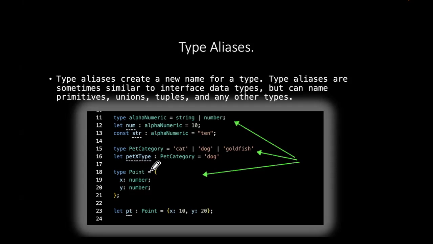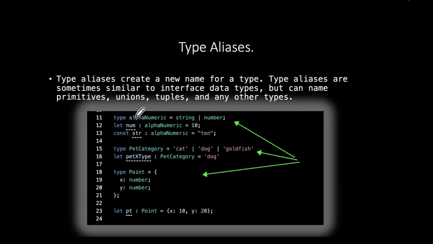But in terms of their effect, this has the exact same effect as an interface data type declaration. And you can mix and match the two, and one is not better than the other. However, type aliases allow you to do other things that you cannot do with interface data types.